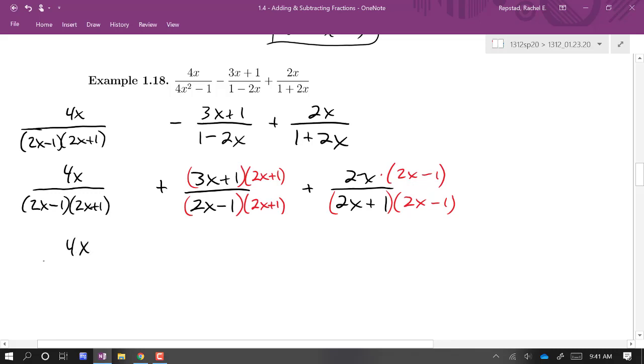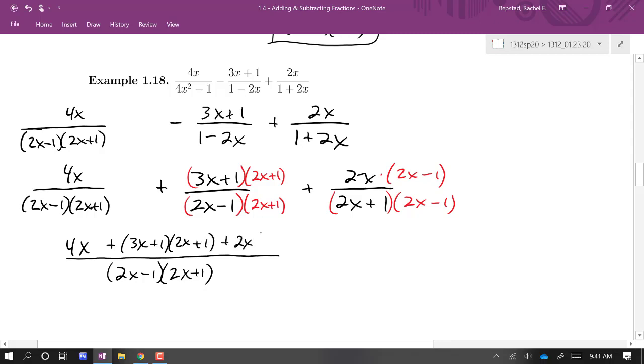So now they all have the same denominator, which is 2x minus 1, 2x plus 1. So I got 4x plus this product 3x plus 1, 2x plus 1, plus 2x times 2x minus 1.